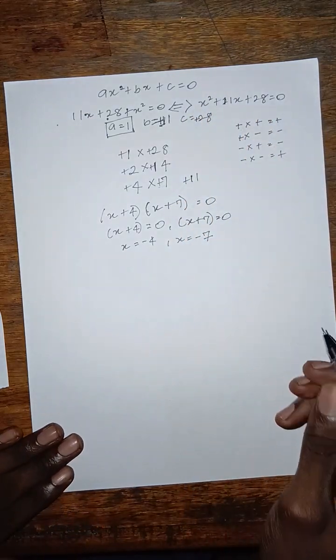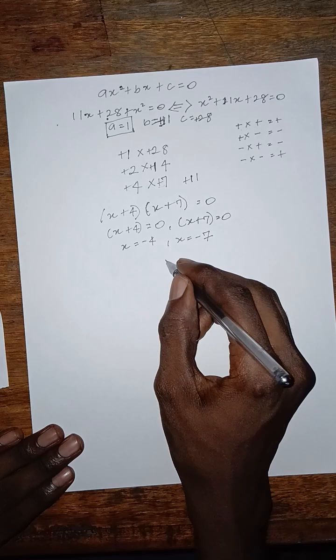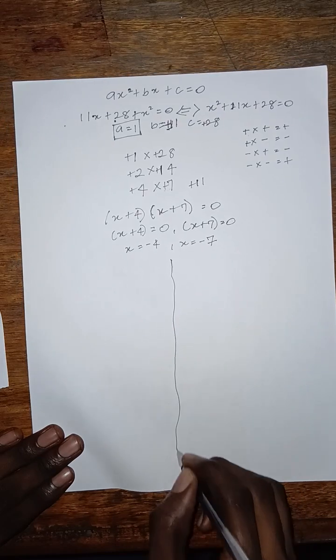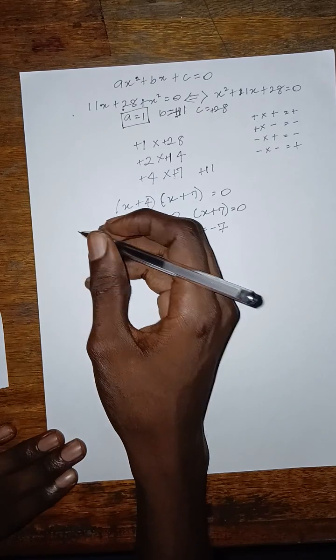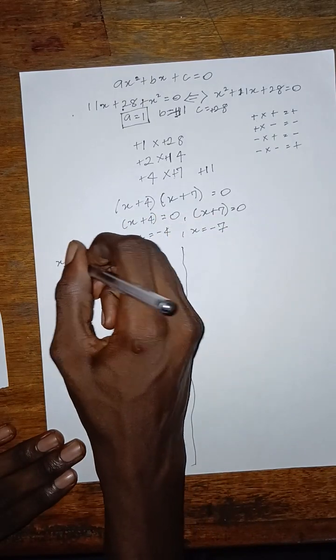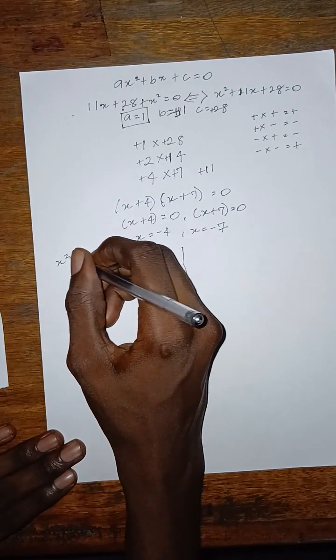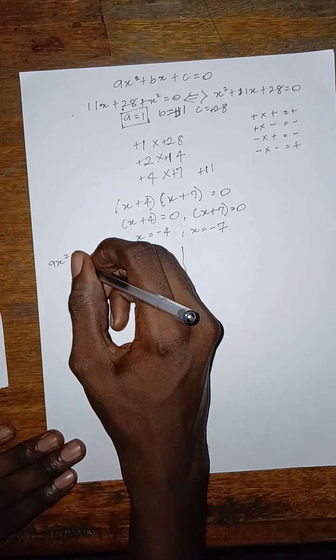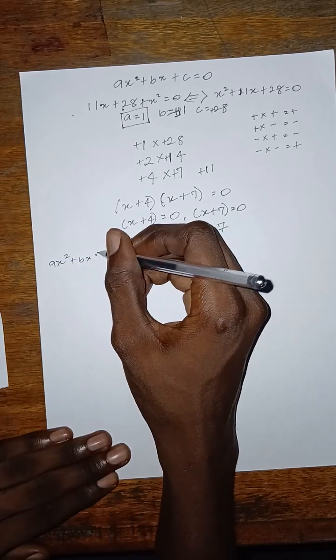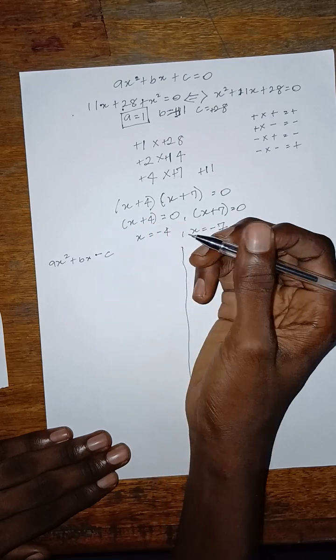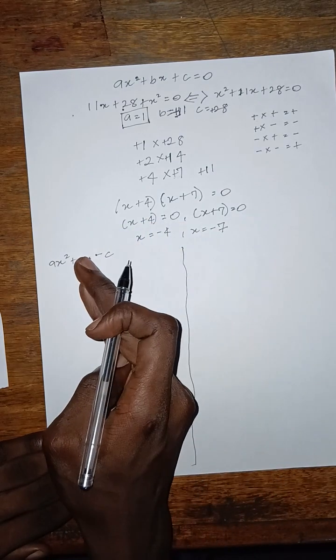So firstly, permit me to divide this into two. In a situation where I have x squared plus bx plus or minus c, this needs to have plus and minus.